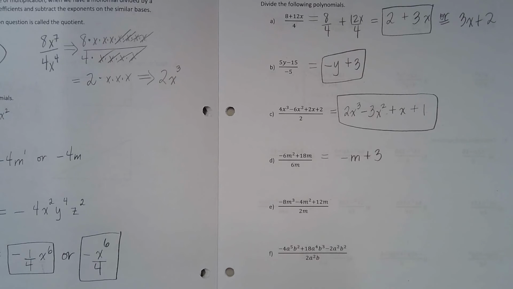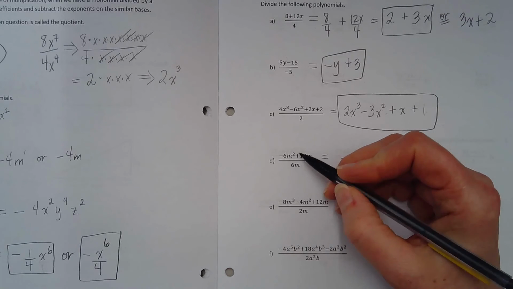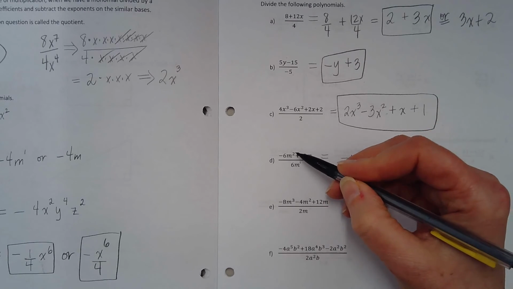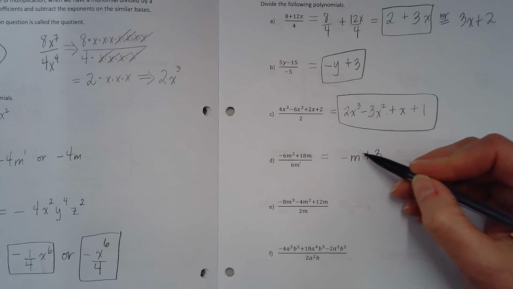Agree or disagree? Agree. What happened to the squared there? Well, Cliff, we're subtracting the exponents, so on the bottom you have exponent 1. 2 subtract 1 leaves you with 1. Oh, yeah.